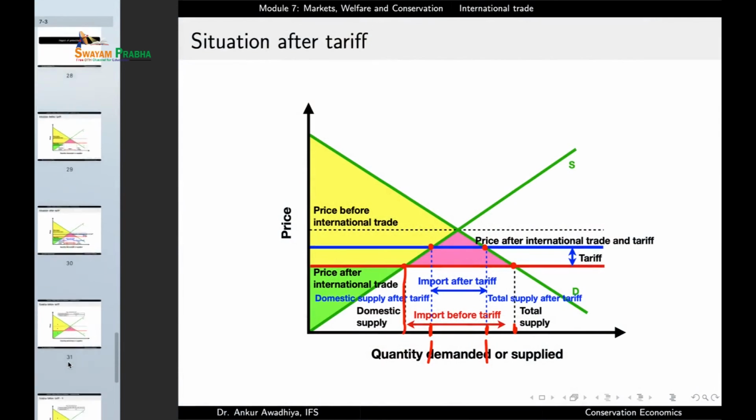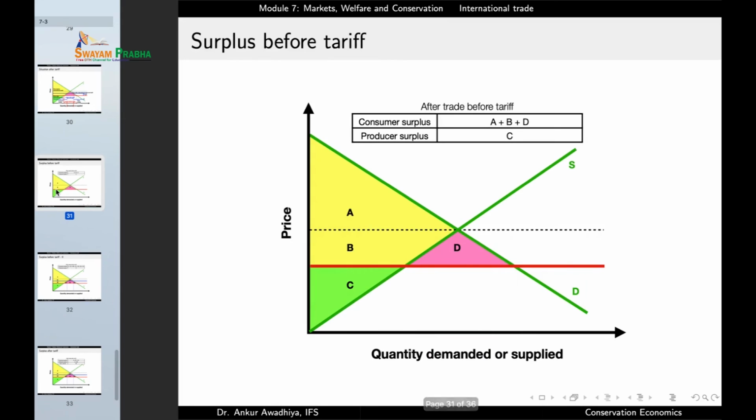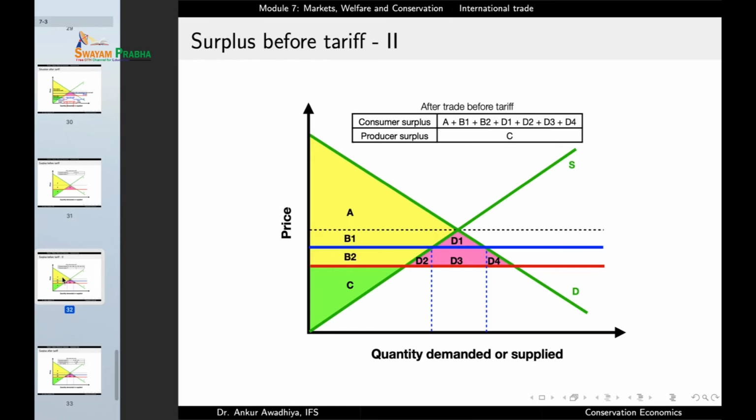Now let us analyze if it increases or decreases the total surplus. Before the tariff, we had a situation like this. So the consumer surplus was A plus B plus D. The producer surplus was C, which is what we have seen before. Now, to analyze the tariff, let us divide this portion B into B1 and B2, and this triangle D into D1, D2, D3, and D4.